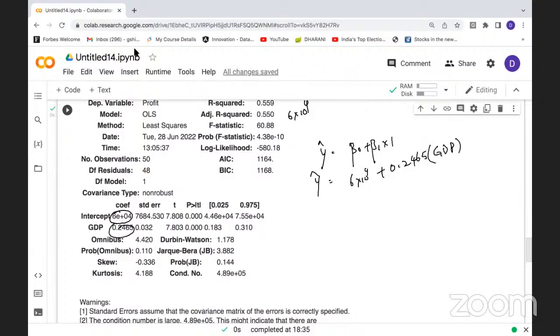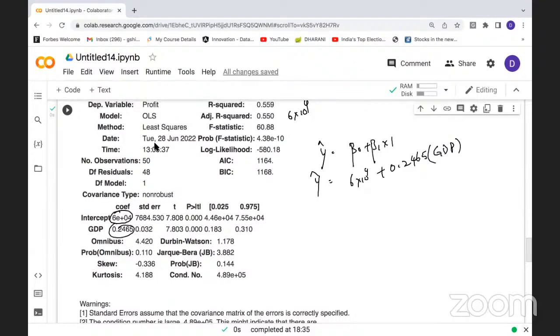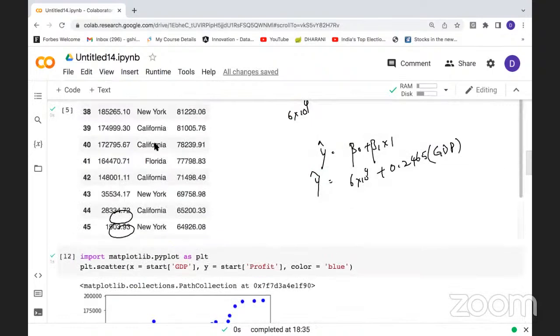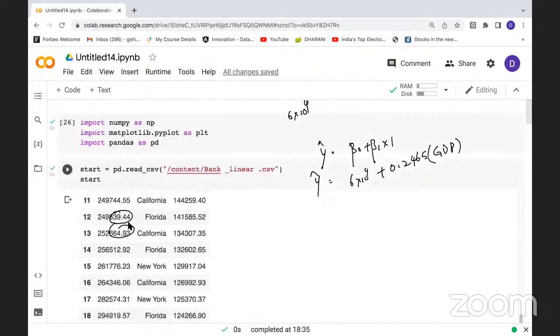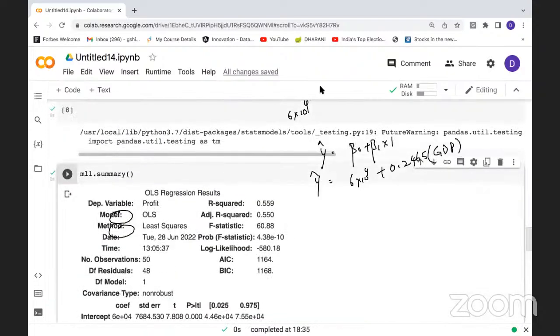It will take each value of your input, like 471, 784, and substitute it here: 6 into 10 to the power of 4 plus 0.2465 times that value. You get the predicted value.